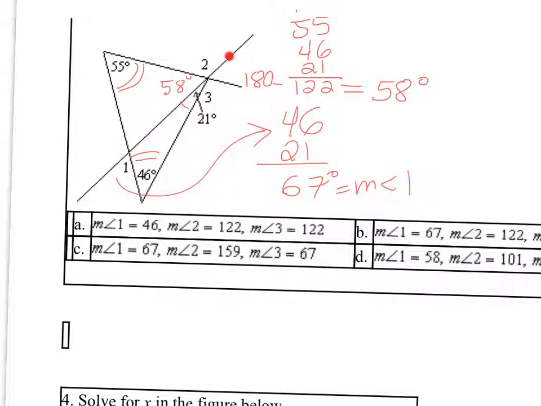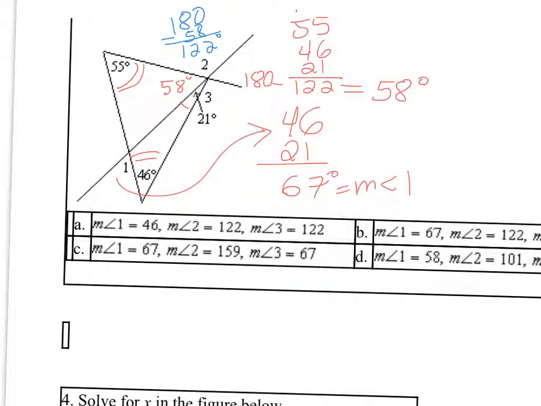Angle 2? Angle 2 is not really related. This one plus this one equals angle 2, but I don't know what this is. So how do I get angle 2 then? Oh, 58 minus 180, right? So 58 minus 180 is 122. So that's 122 degrees, okay?